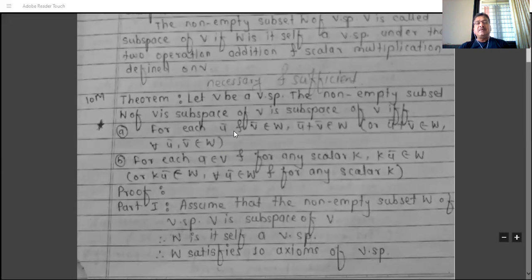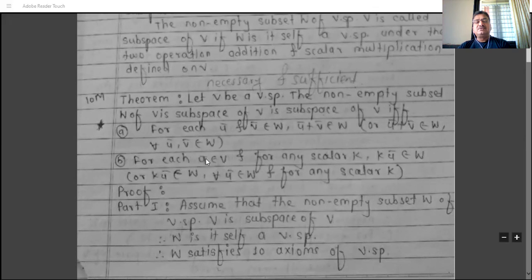The property C1 is true for W, and the second property is: for each u bar in W and for any scalar k, k u bar belongs to W. That is, this is the C2 property for W, the closure axiom number 2.